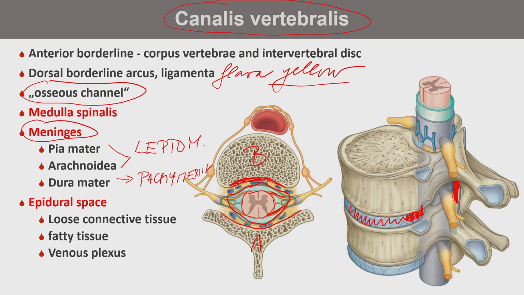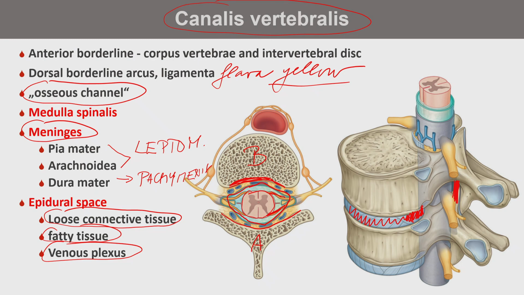Outside the meningeal sac and inside the osseous spinal channel is not empty space. The space is filled by loose connective tissue, fatty tissue, and venous plexuses. This is very important because when we compare it with the brain, we will have also this lecture about the meningeal coverage of the brain.